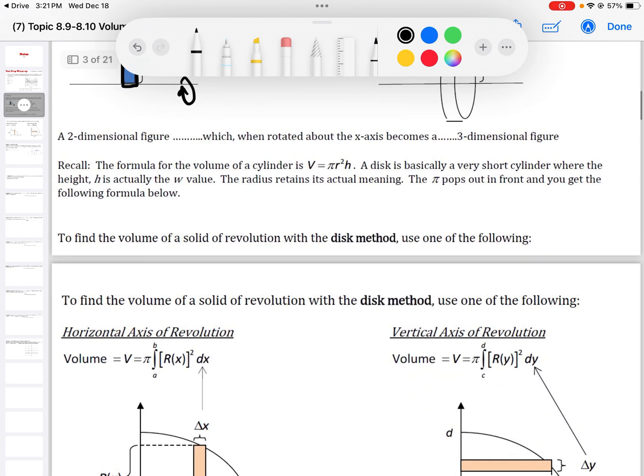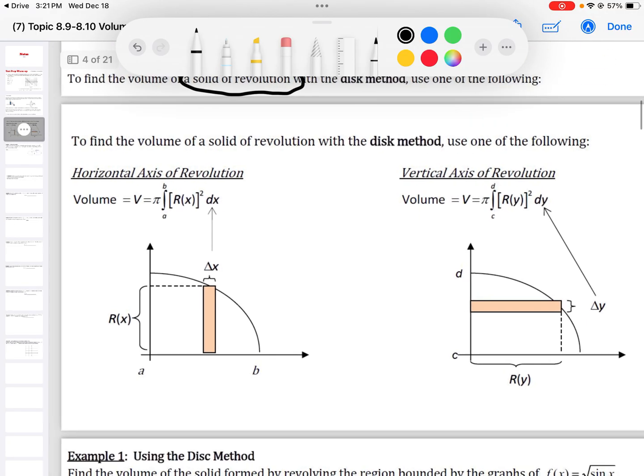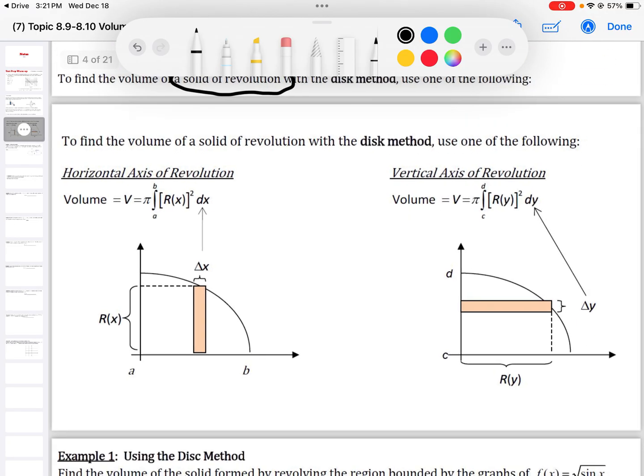So to find the volume of these solids, a solid of revolution is what this is called, the fancy way, with the disk method, we have these two formulas. They're basically the same. If I'm rotating this thing around the horizontal axis, I would have all of these radiuses, or I could even say it's a little rectangle with infinitely small width.